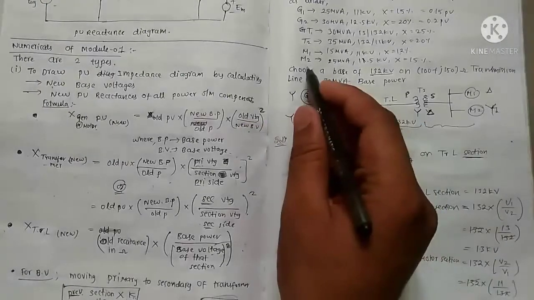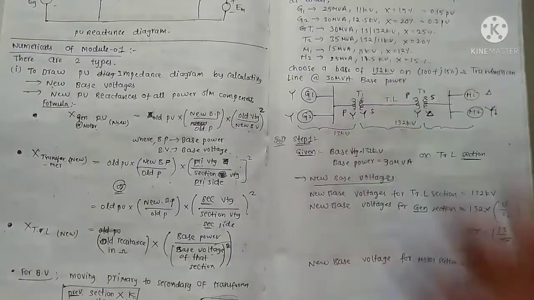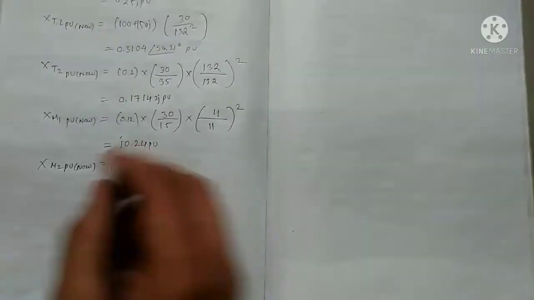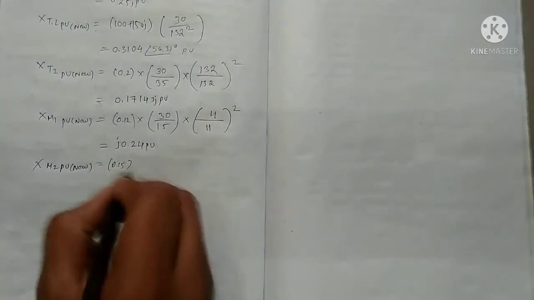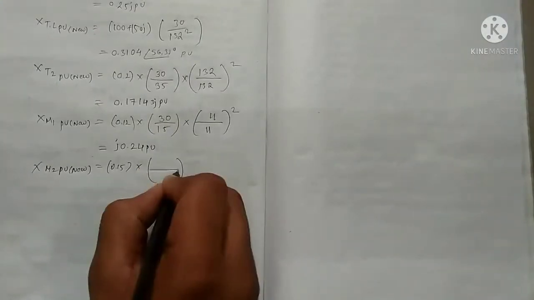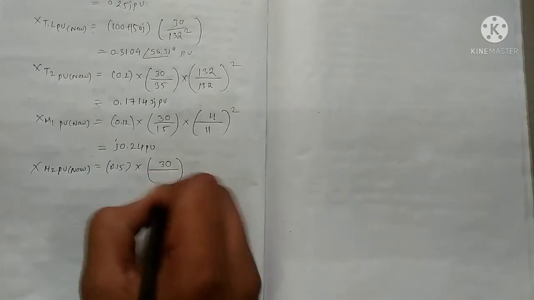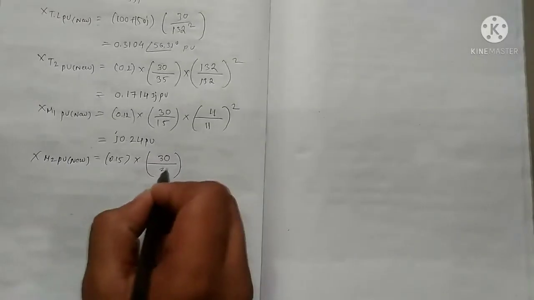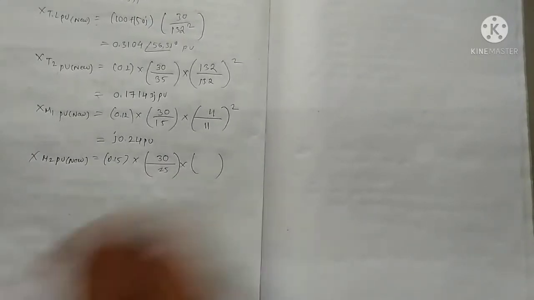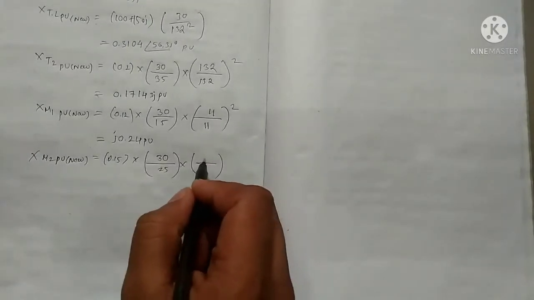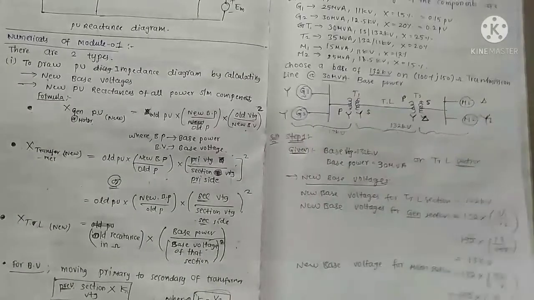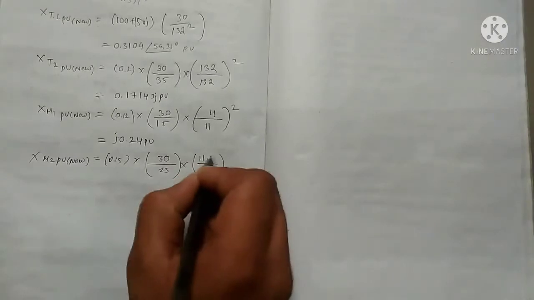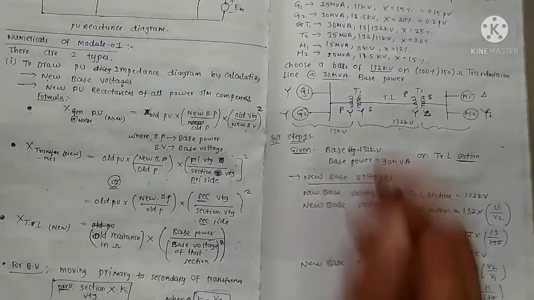XM2 pu new is equal to old pu of M2. Motor 2 old pu given as 15%, that is in point value 0.15, multiplied by new base power divided by old power. Old power of M2 is 25, multiplied by old voltage, in the question 11.5, divided by new voltage of that section.